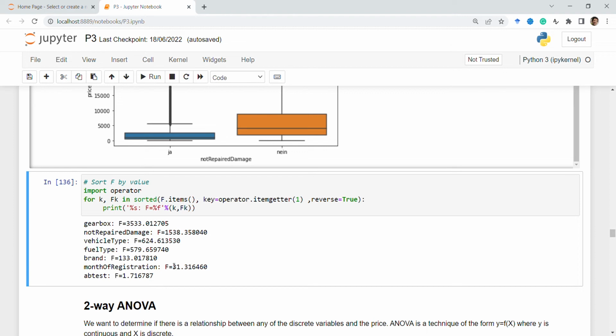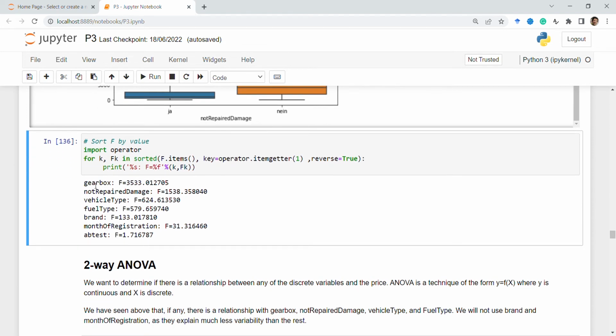So when you construct 2, 3, 4-way ANOVAs, you would like to use the most explanatory variables. So we will start with gearbox and not repair damage.